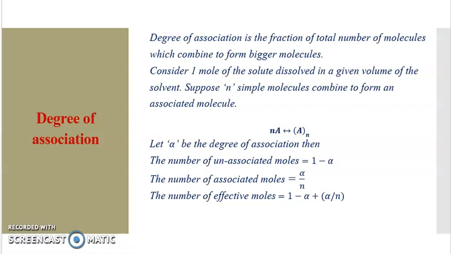Then the number of associated moles: since association takes place among n molecules, the number of associated moles will be alpha divided by n. Then the number of effective moles in the solution is 1 minus alpha plus alpha divided by n.